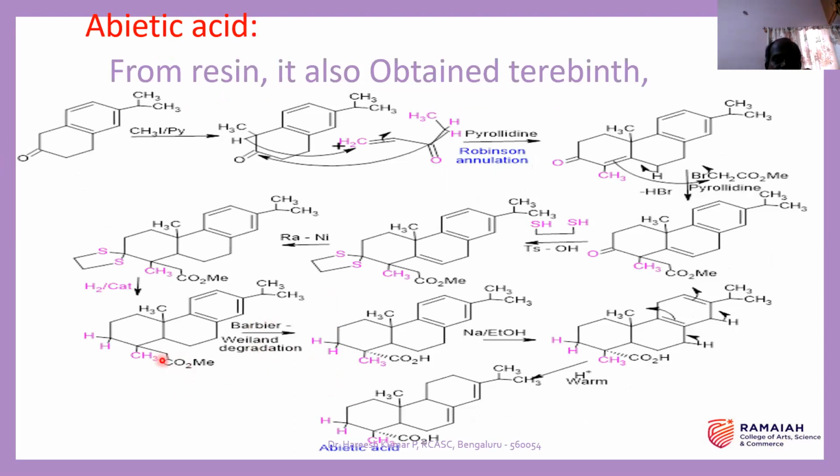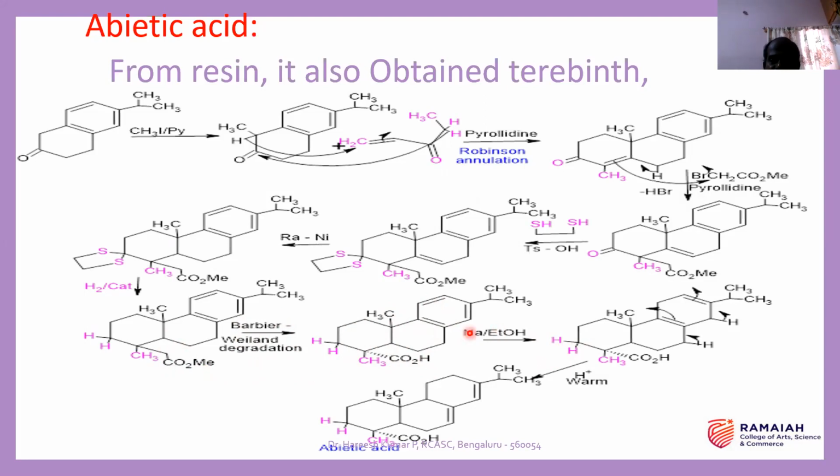That means it is possible to get a carboxylic acid with one carbon atom less when methyl acetate is subjected to Barbier-Wieland degradation. So that is how a compound is obtained like this.